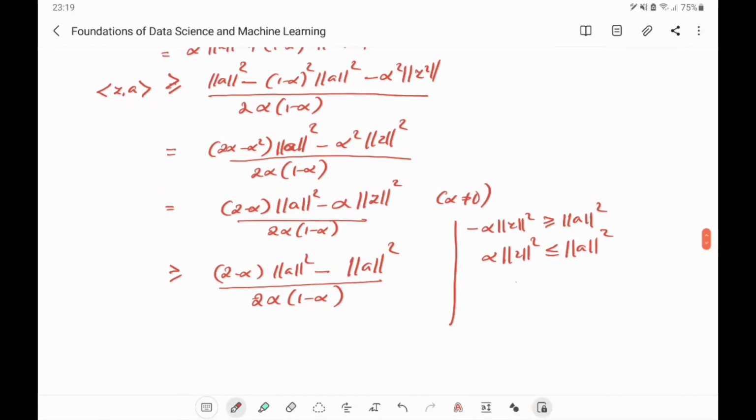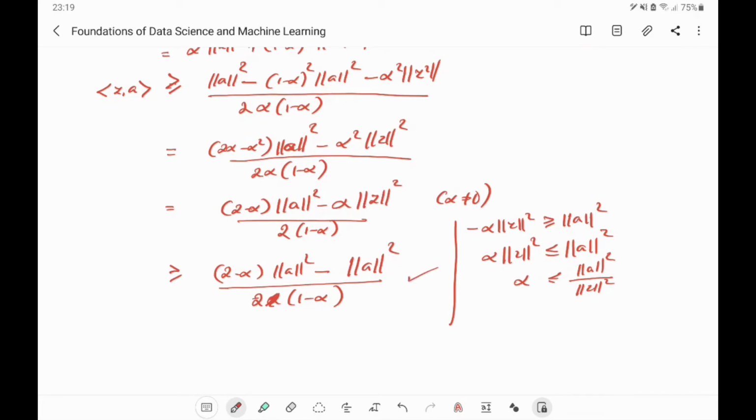Okay, by the way, when I did this calculation, there is no more 2 alpha here, there is only 2 here, right? It's only 2 times 1 minus alpha. So I cannot use alpha equal to 0, but other than that I can use alpha as small as I want, right? So I will use an alpha which is smaller than norm of a squared by norm of z squared. Okay, remember that norm of a is already less than or equal to norm of z, so this is less than or equal to 1, alpha will be less than or equal to 1, right?